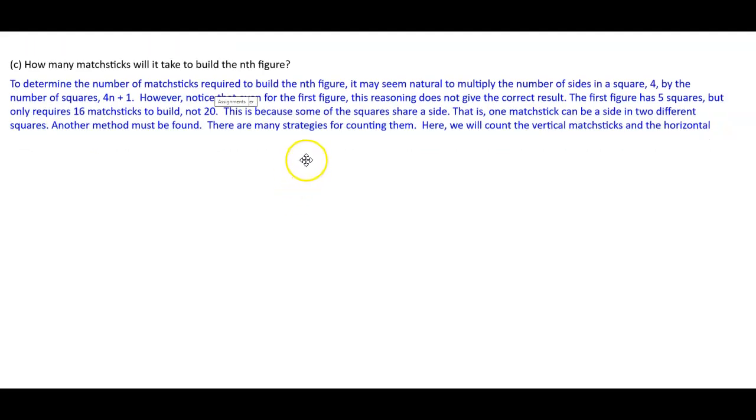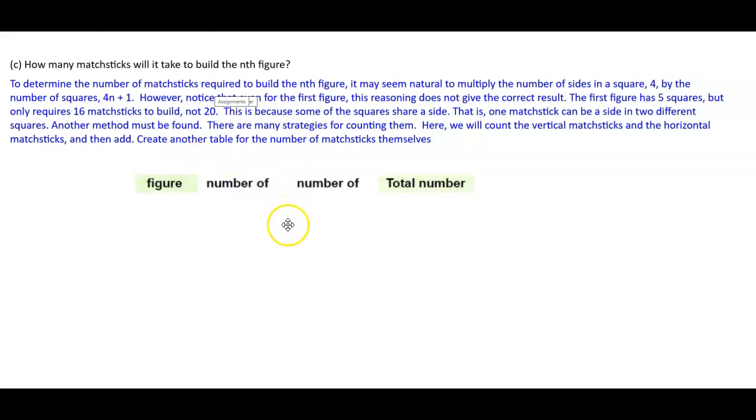So there are many strategies for counting them. Here we will count the vertical matchsticks and horizontal matchsticks and then add. So now we're going to create another table for the number of matchsticks themselves. If we take figure number 1, what is the number of vertical? Well, we have 8.